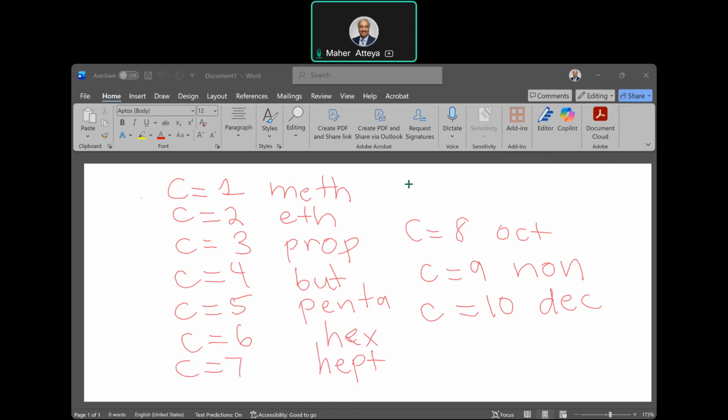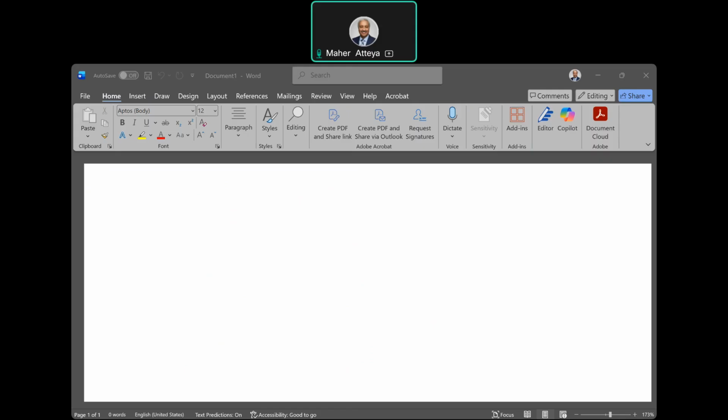So let's look at some of the functional groups attached to the main chain. Suppose I have CH3, CH2, CH2, CH2, CH, CH2, and CH3 at the end.